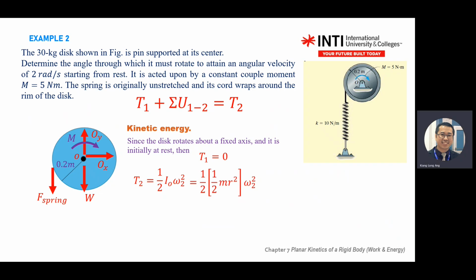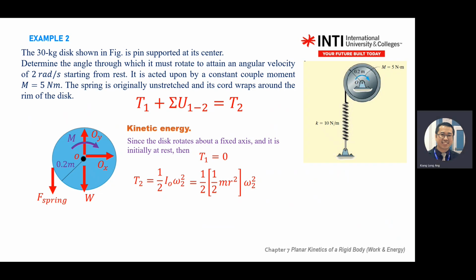Okay, you substitute the I_O. This one you refer to O at the center of gravity, refer to graph, refer to table. They give you half m r square, or you'll see m l square. So just copy. Omega square here is what you need to find.